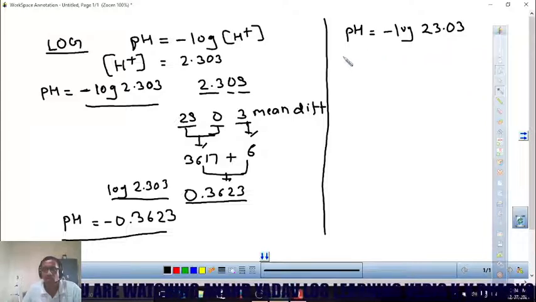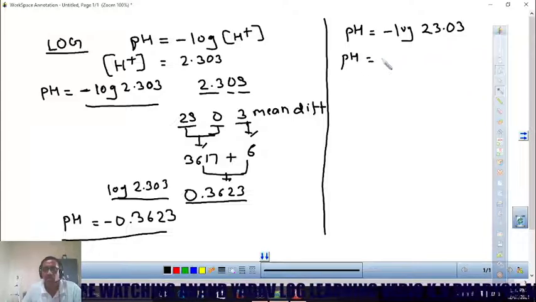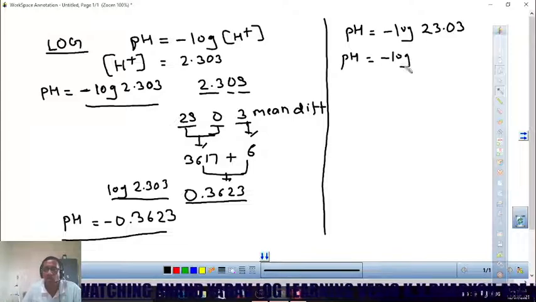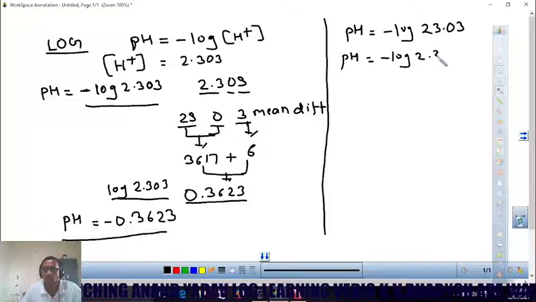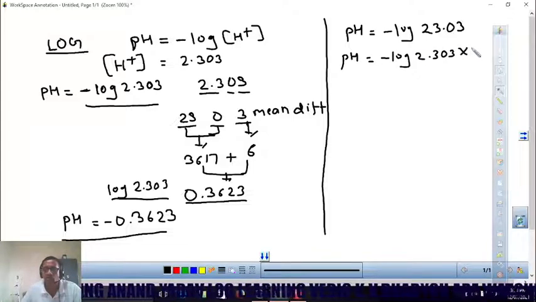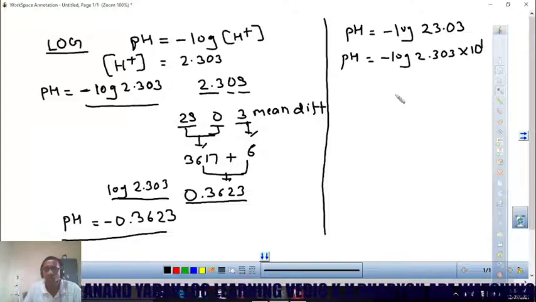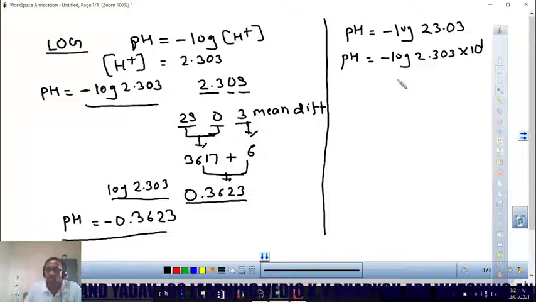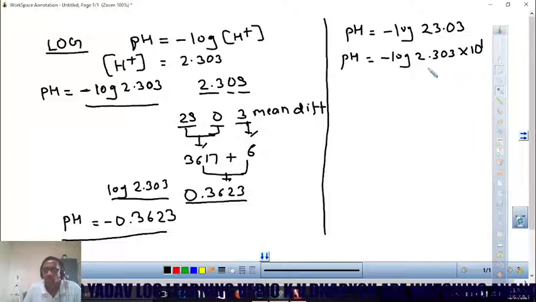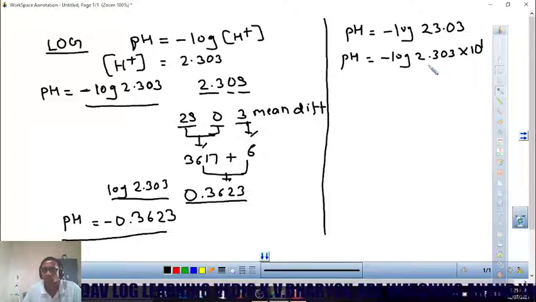So it will be like that, pH is equal to negative logarithm of 2.303 into 10 to the power 1. Now this is the scientific notation. So now we have these two values, log 2.303 into 10 raised to 1.